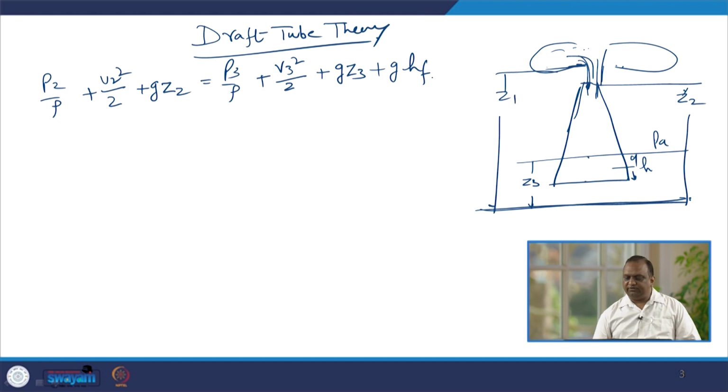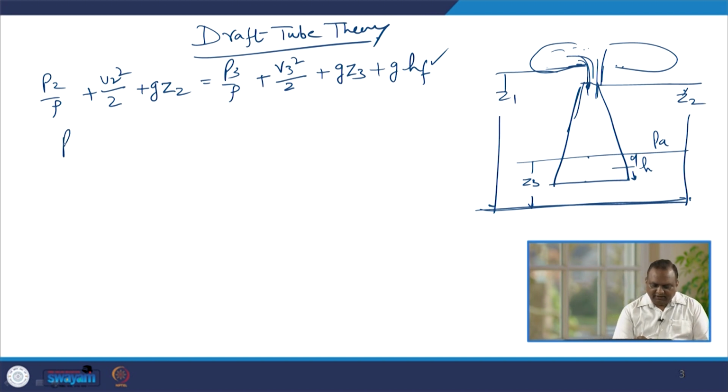Why have I taken gHf? Because there is always friction loss. When there is a movement of the fluid, in actual practice there are always friction losses. So, I have taken the friction losses into account.